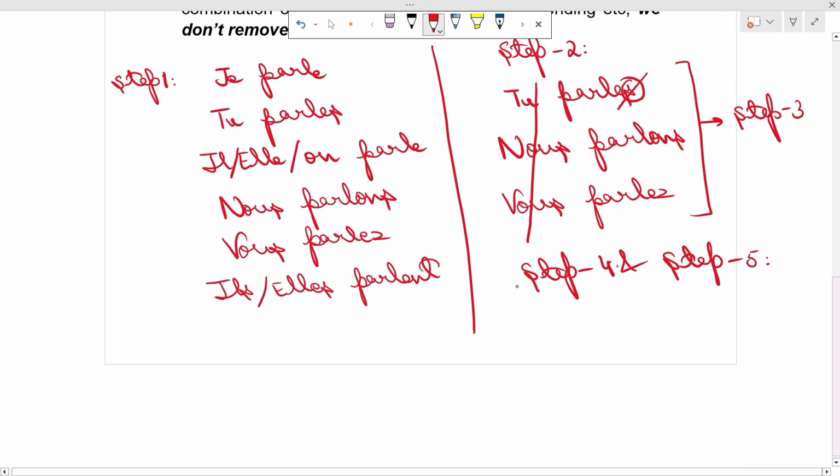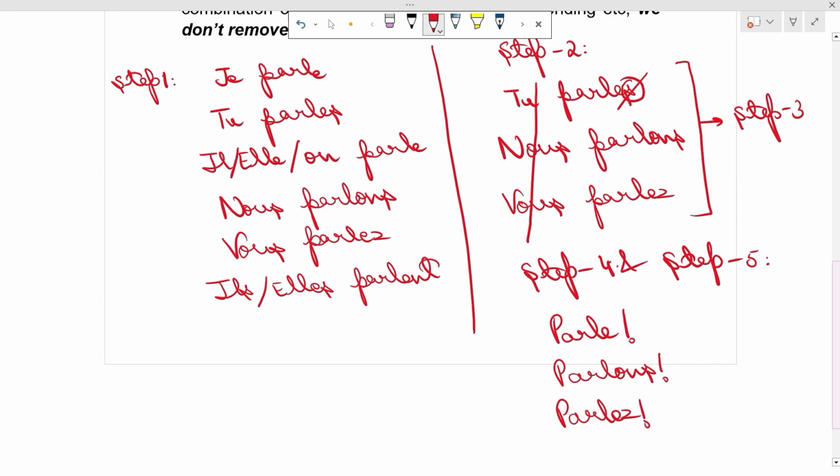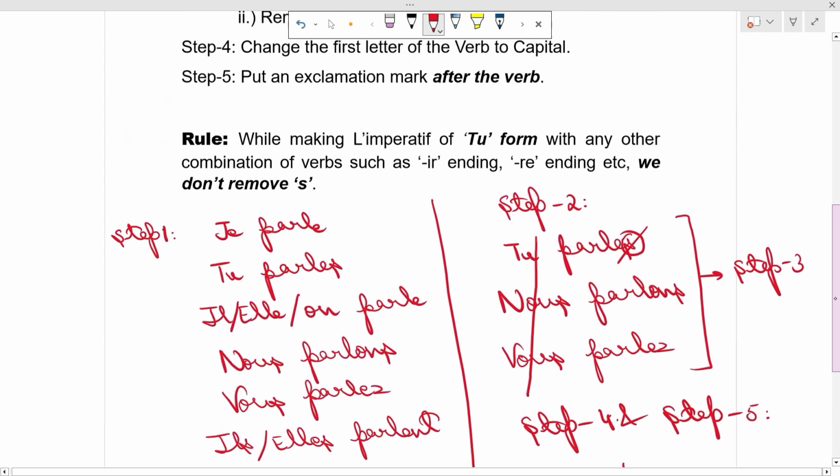We will execute both these steps here. First we make the first letter of each of these capital, and then we put an exclamation mark after the verb.